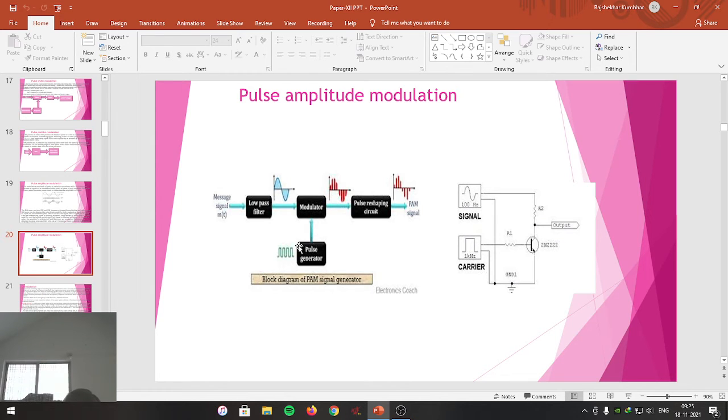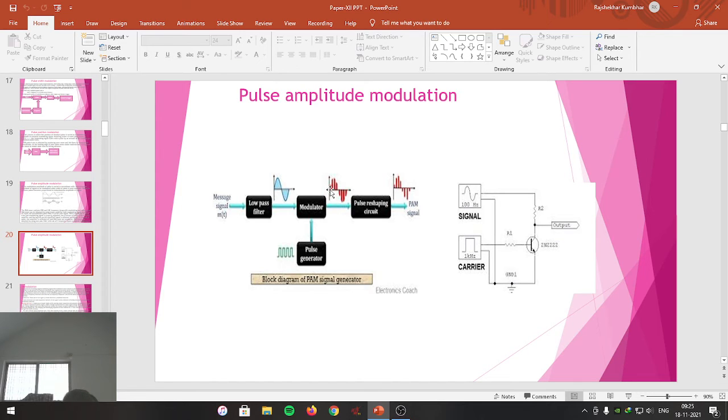But when the turn-on period of the pulse is completed, naturally the amplifier or modulator circuit will be turned off, and no signal is available at the output. And again for the next pulse, it will trigger the modulator, it will turn on, and the amplified signal again appears at the output.